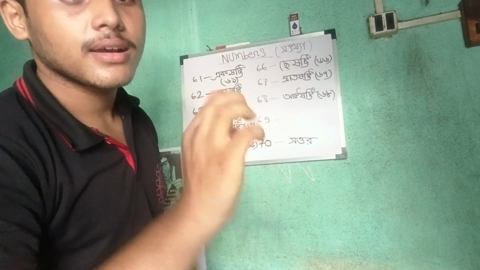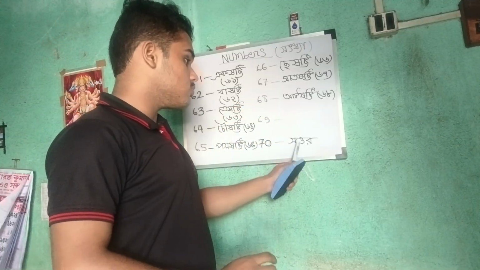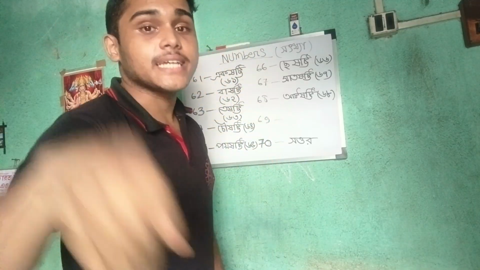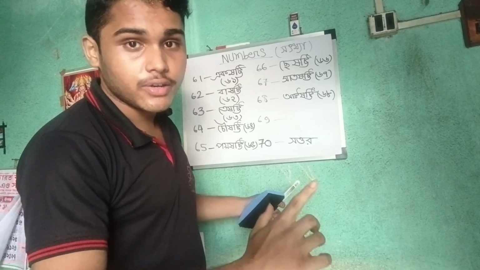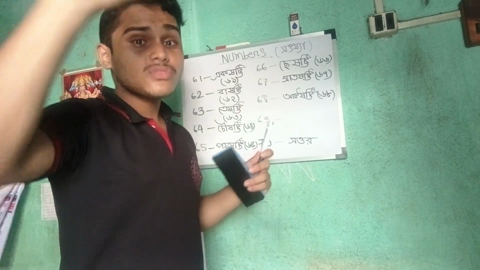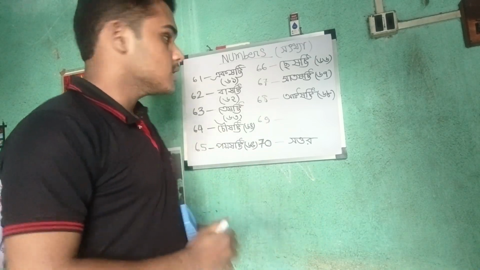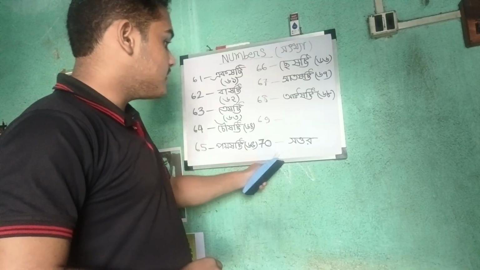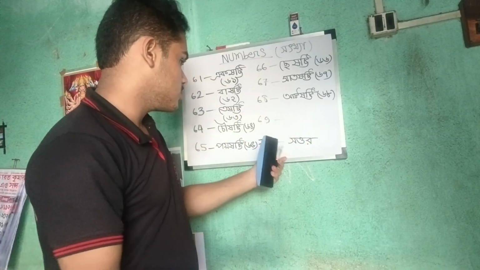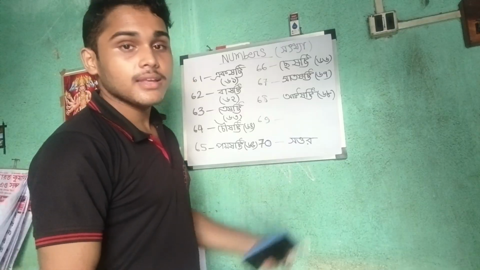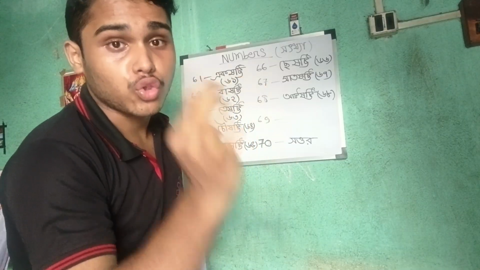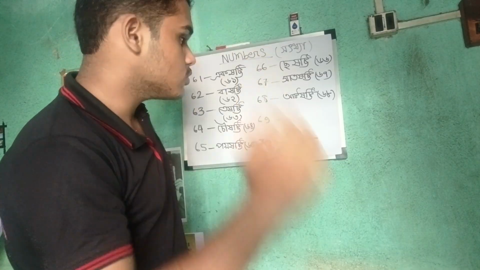If you don't understand, you can check out my double consonant video, which I will link. So 70 means sôttôr, and this sign is double to. So sôt and then to.